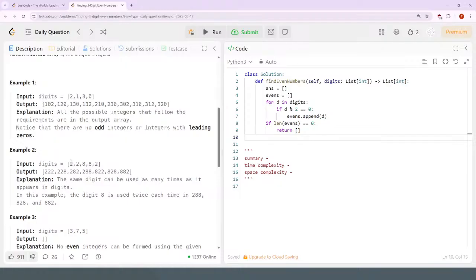So what is the deal here? Let's say I have this. What is the idea? So they're all evens, so my evens array would just be the same as the digits array at that point. So what would you do?